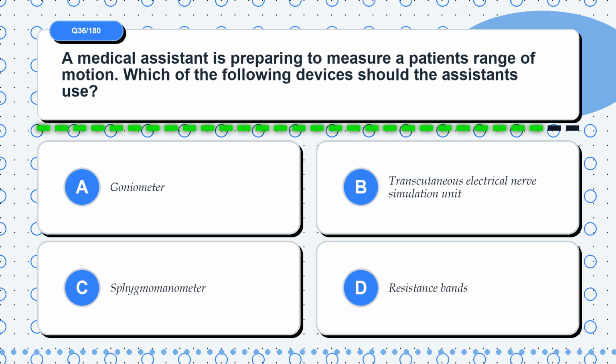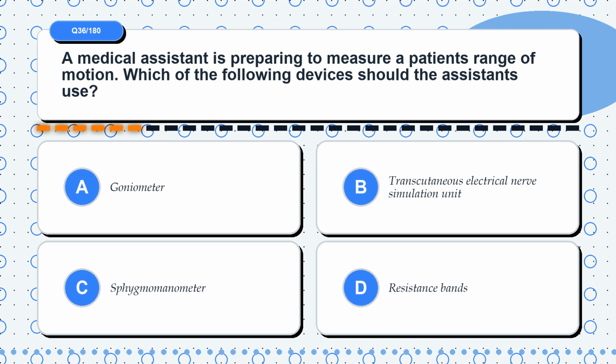Question 36. A medical assistant is preparing to measure a patient's range of motion. Which of the following devices should the assistant use? Here are the options. Option A, Goniometer. Option B, Transcutaneous electrical nerve stimulation unit.